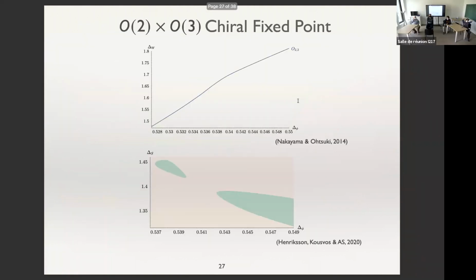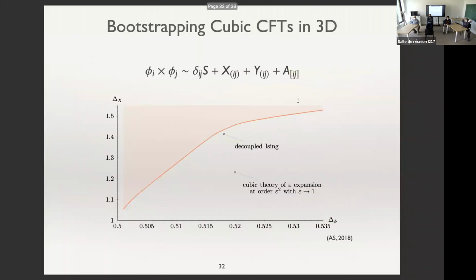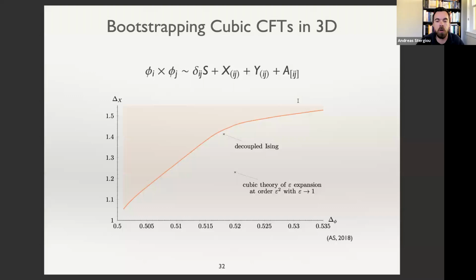Yes, but do we believe the results, particularly from setting epsilon equal to 1? This is, of course, for other operators, not for this X operator, but for other operators these results have been computed up to order epsilon to the 6th, I think, by Campostrini and collaborators recently.